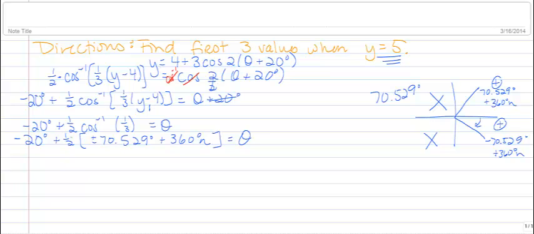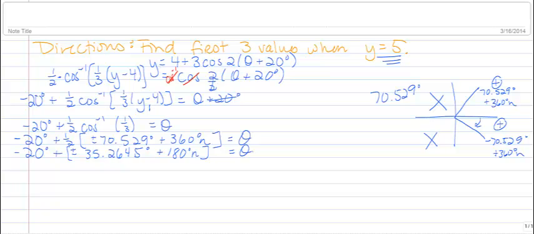Okay, so from here we need to distribute in this 1/2. So we have negative 20 degrees plus, half of 70.529 is going to give us plus or minus 35.2645 degrees plus half of 360 is 180n equals theta.